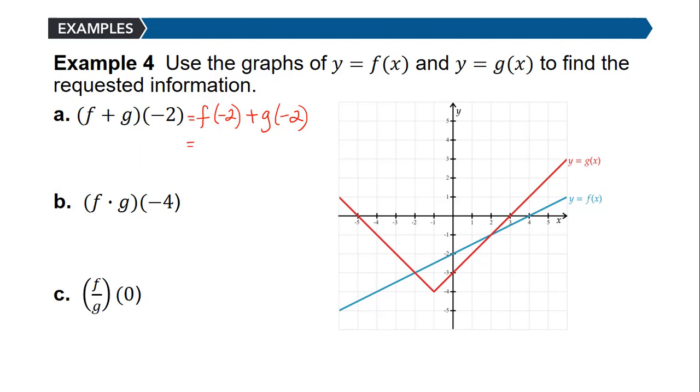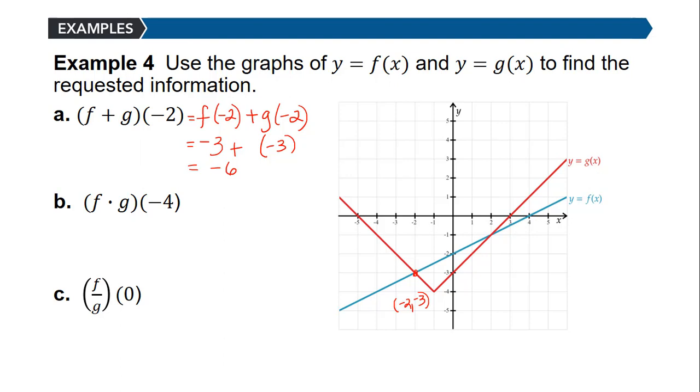F of negative 2 is, notice at this point, negative 2, negative 3 is on the graph of f. So f of negative 2 is negative 3. Plus g of negative 2, well, the graph of g, which is the red graph, also intersects that point of negative 2, negative 3. So g of negative 2 is also negative 3. So we have negative 3 plus negative 3, or negative 6.